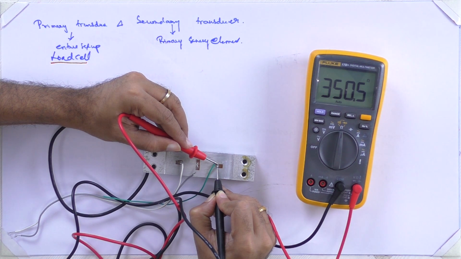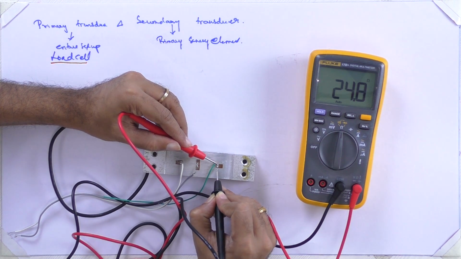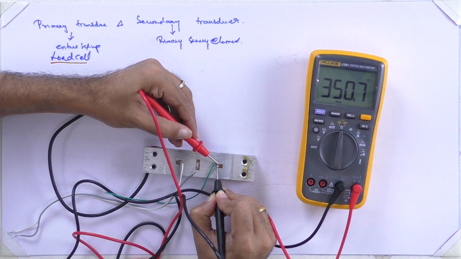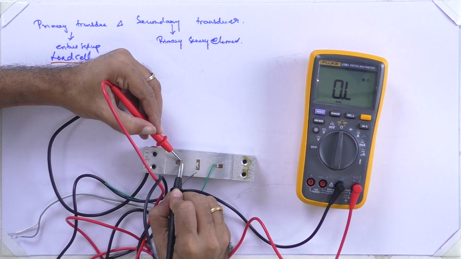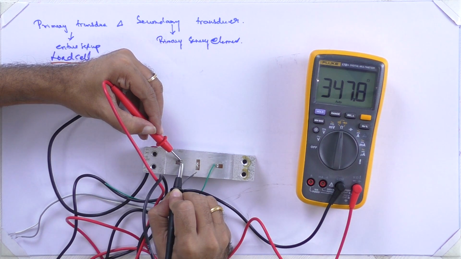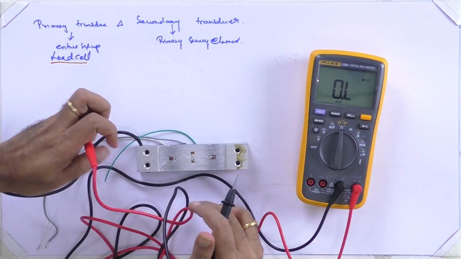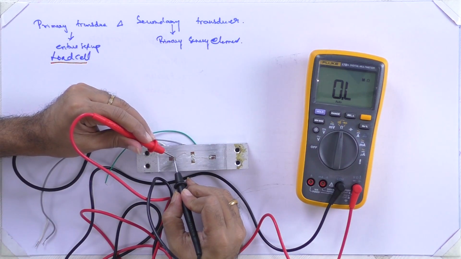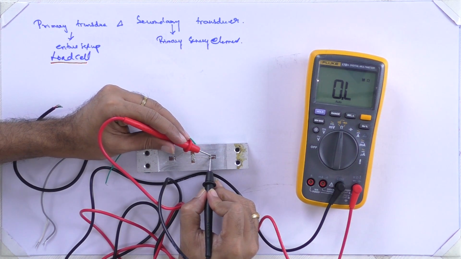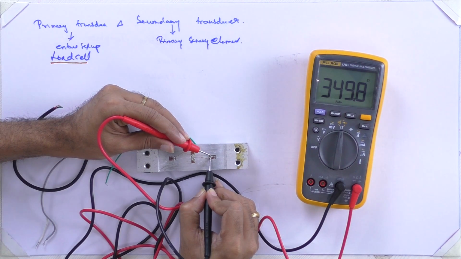It is 350 ohms. For another sensor, that's also 350 ohms. Again for another one, 350 ohms.